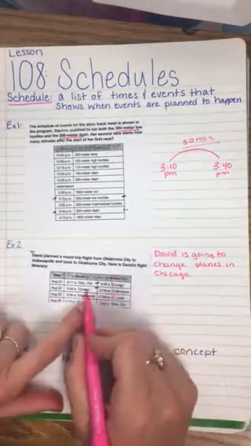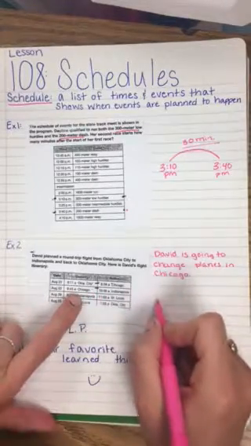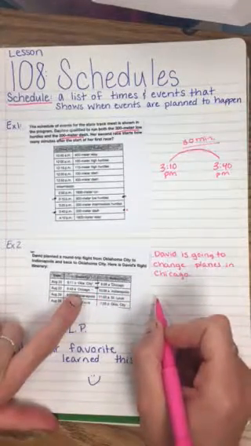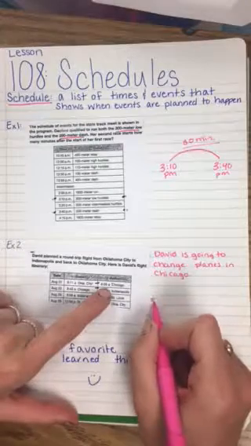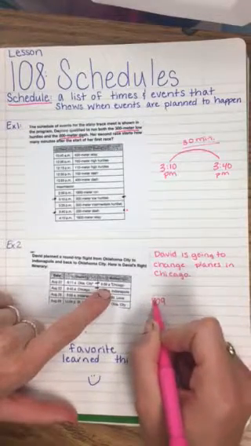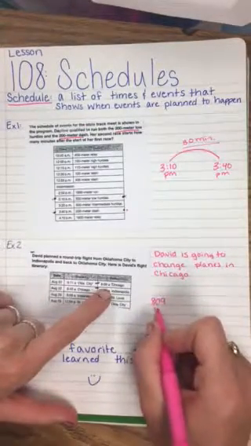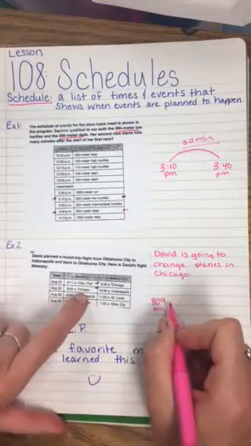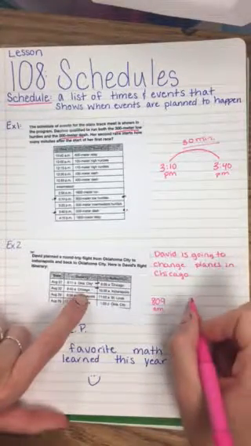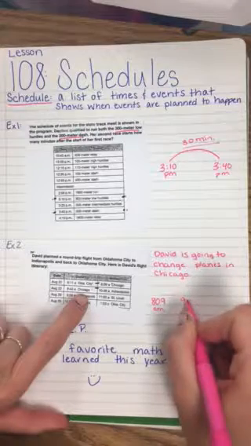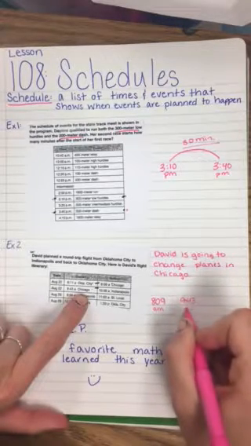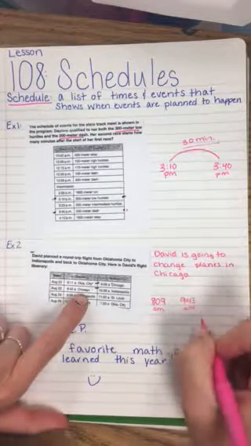And then he's going from Chicago to Indianapolis. So his flight lands at 8:09 a.m. He gets in Chicago. And then he leaves Chicago at 9:43 a.m. Okay?